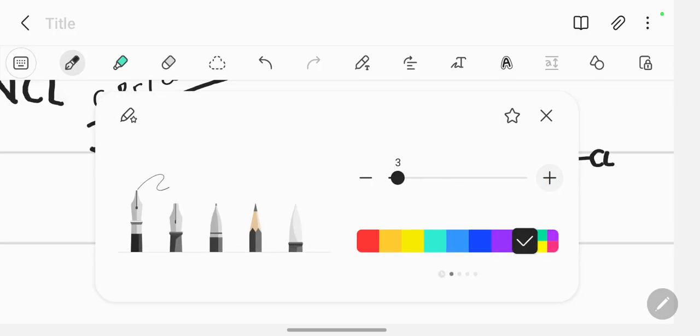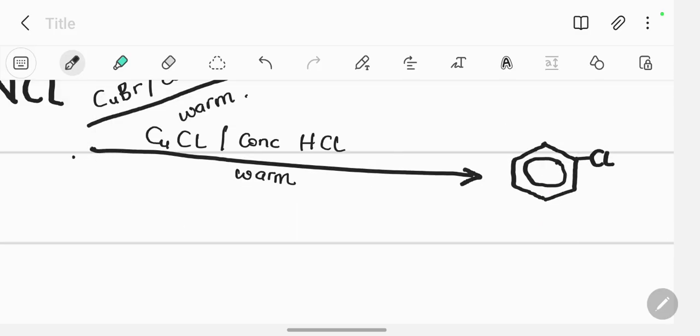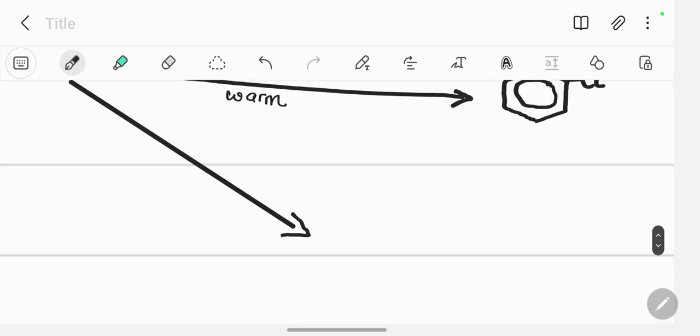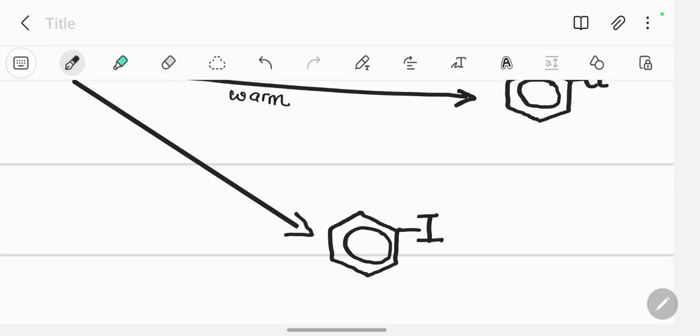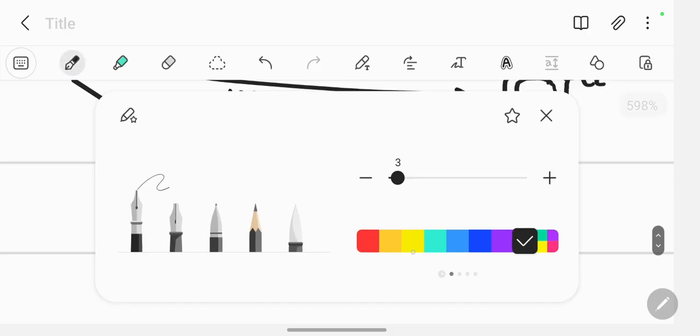Then if I want to prepare iodobenzene, the conditions are going to change and the reagent changes also. So you should just understand that this is going to change in this way.